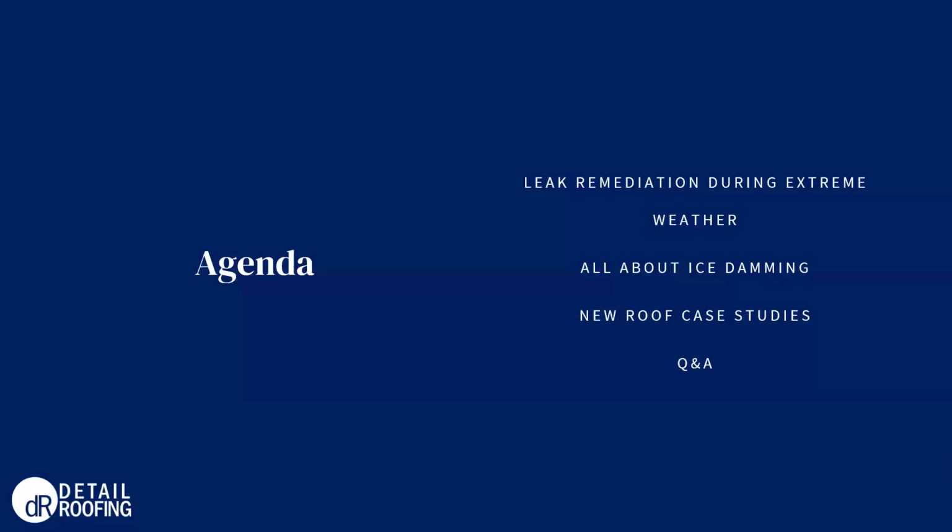First, we're going to be taking a look at leak remediation during these periods of extreme winter weather. From there, we're going to be talking all about ice damming: what ice damming is, how it happens, and what the solutions are, or what the preventative methods are if you are experiencing ice damming.